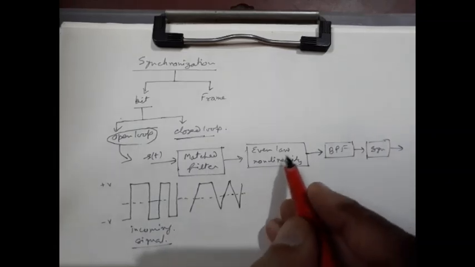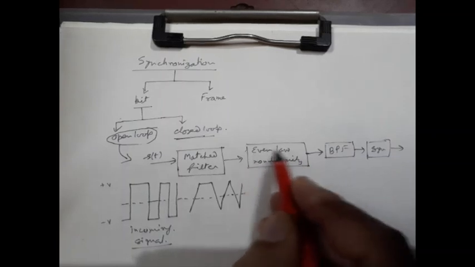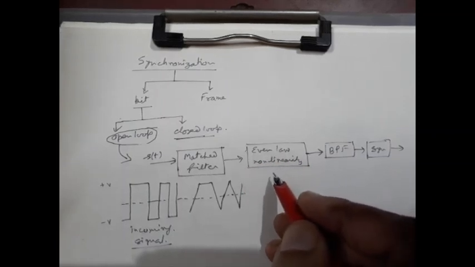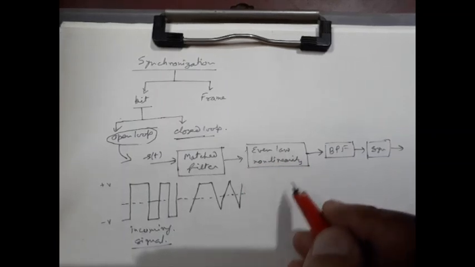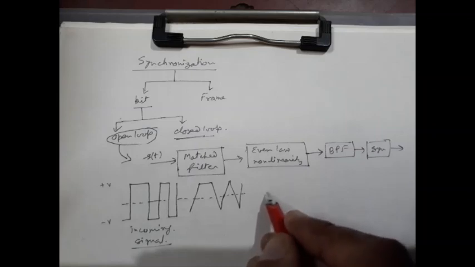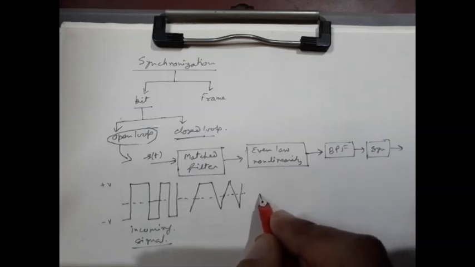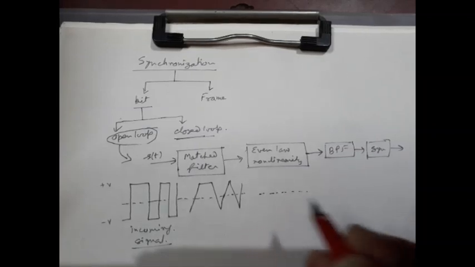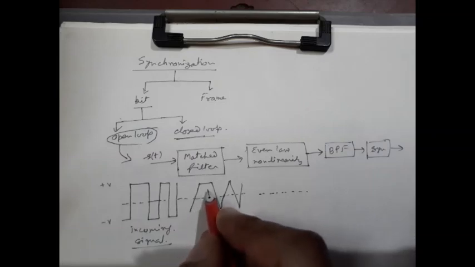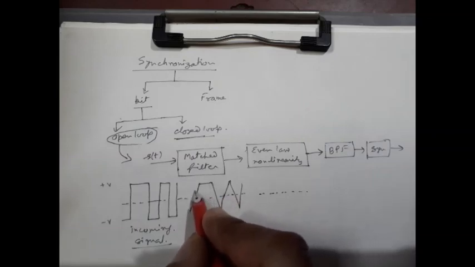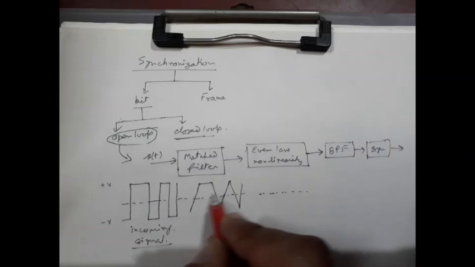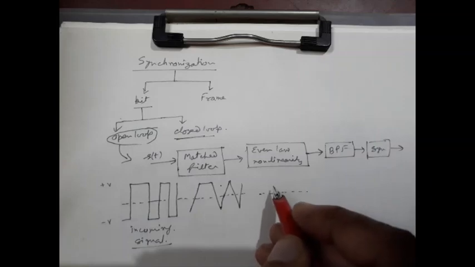Now we will pass it through the even law nonlinearity, which basically functions as a rectifier. A full wave rectifier is one example of an even law nonlinearity. So what it will do is keep the positive polarity as it is, and the negative polarity will come to the positive side.